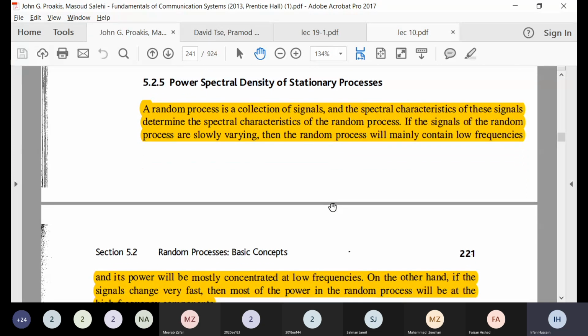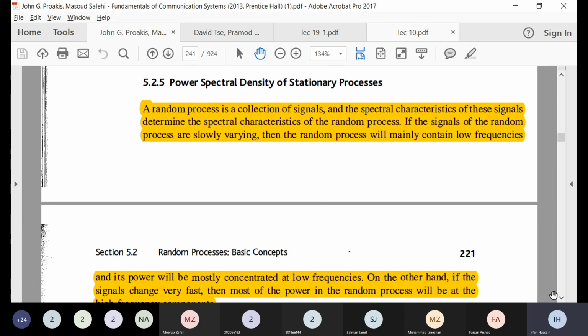Now comes the PSD of stationary processes. So we have studied a random process, its mean, its autocorrelation, its cross correlation, its passing through an LTI system and all that. Now what is the spectrum or the spectral characteristics of a random process? What are the type of signals that are present? Random processes contain many time varying signals.